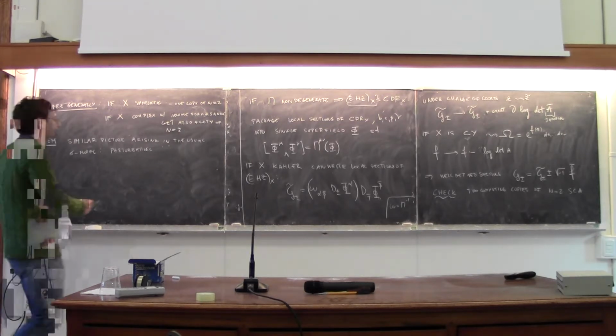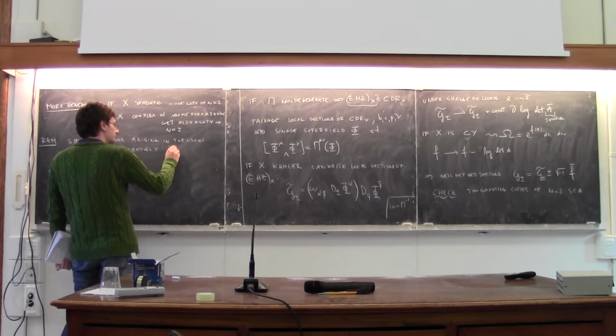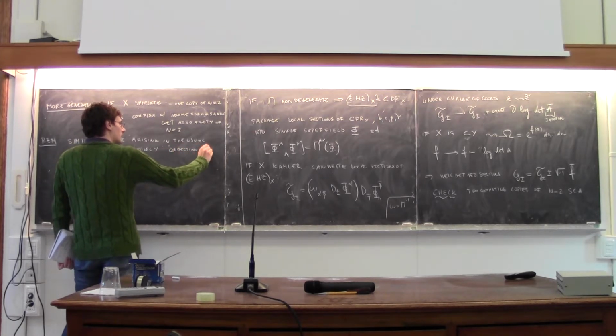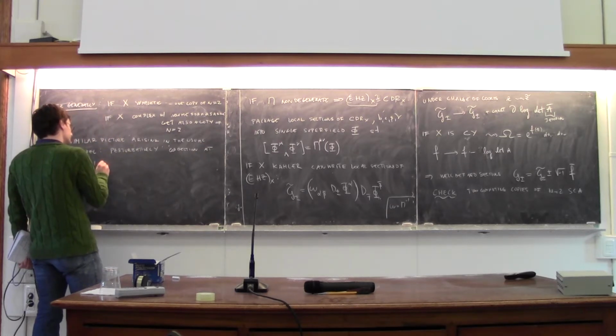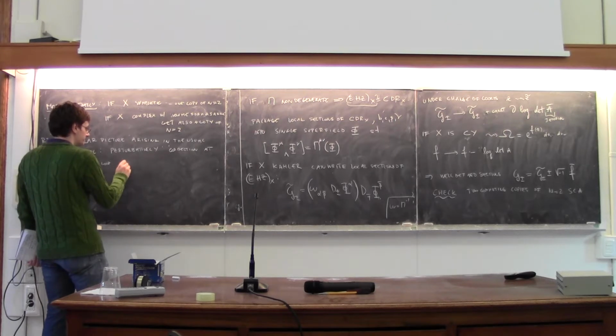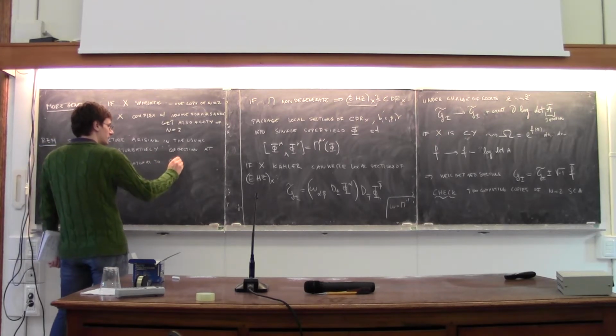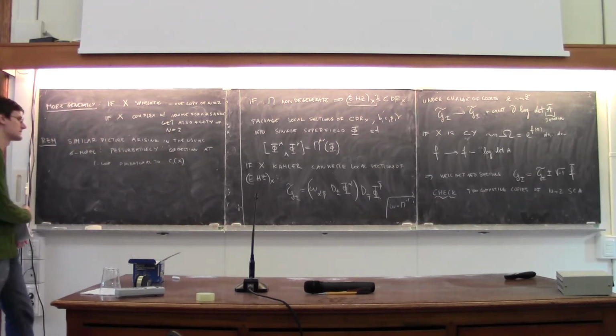However, perturbatively, you get a correction at one loop that is proportional to the first Chern class of X.